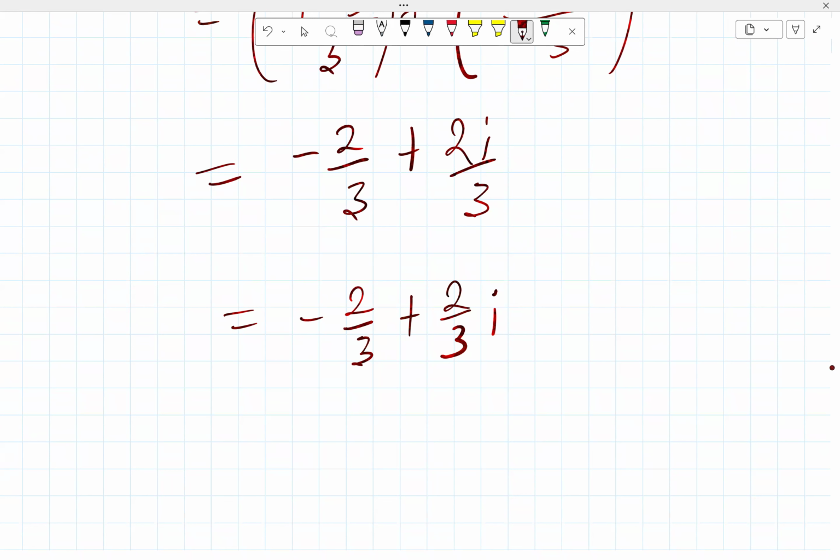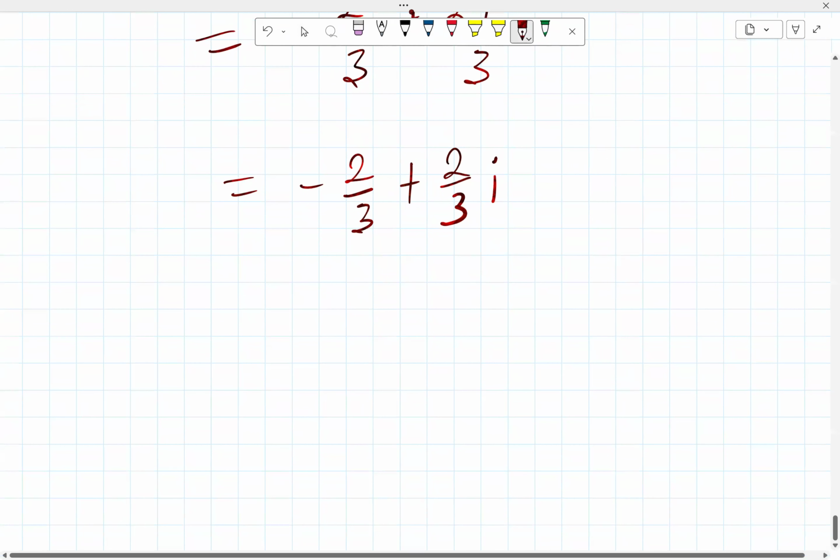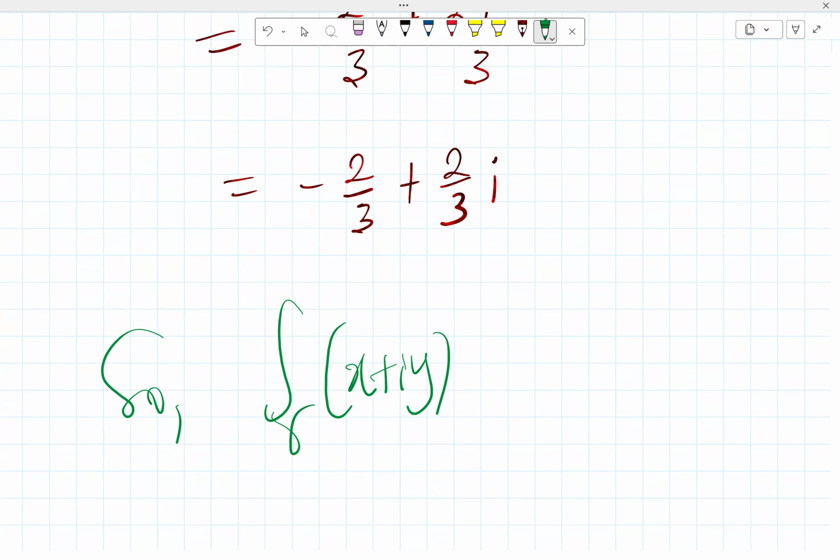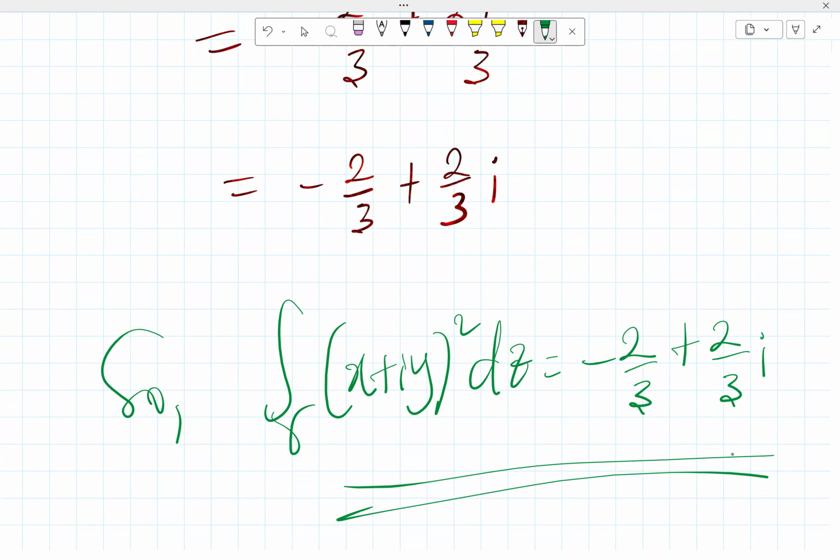And that is how it all goes. So we can conclude: the integral along gamma of (x plus iy) squared dz is equal to minus 2 over 3 plus 2 over 3 i. So that's how that goes.